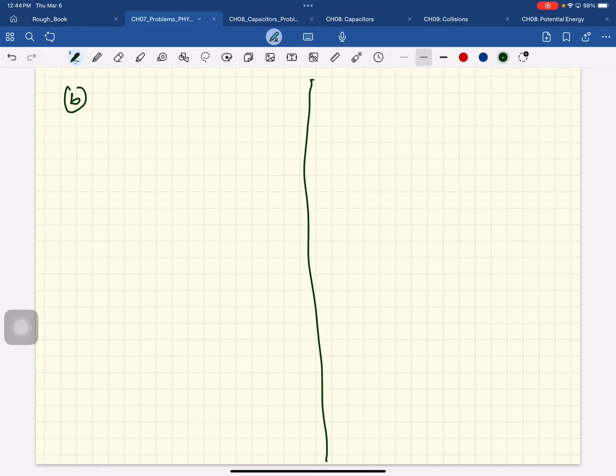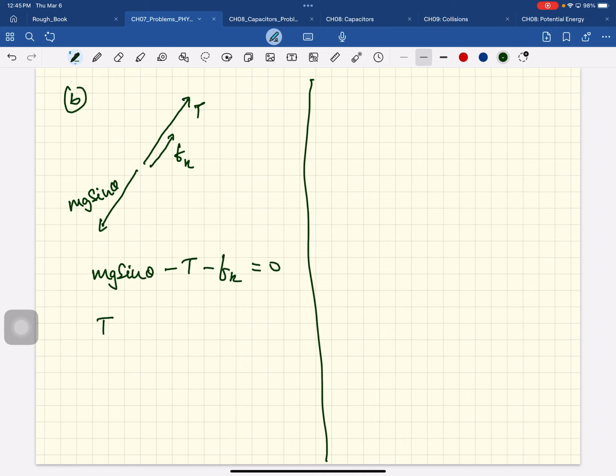Now, part B, you want to calculate the work done by this tension. There's the friction force. There's mg sine theta. Now, the net force in this direction is 0. So mg sine theta minus the tension minus the friction force is 0. So the tension in the rope is mg sine theta minus the friction force.